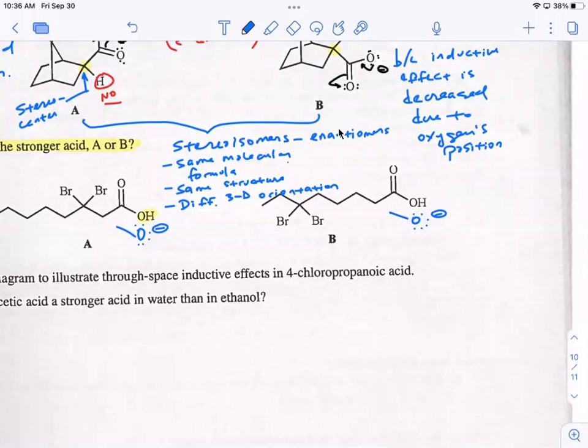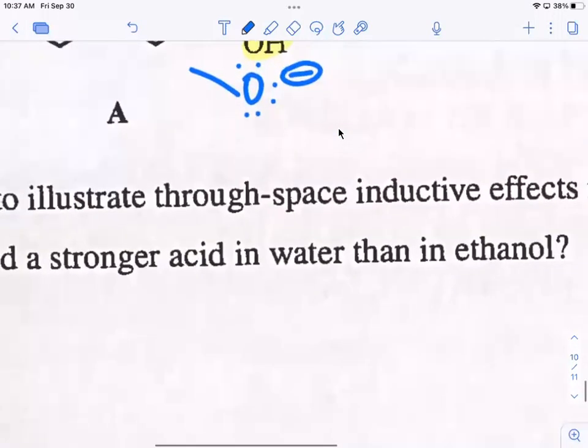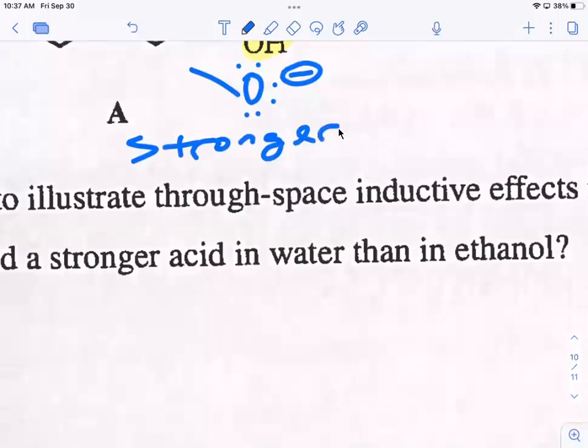The closer that group is, the same up top, the proximity changes because the orientation changed. The closer that negative charge is to those electronegative atoms, the more of an inductive effect you're going to see. So A is going to be stronger. And again, it's stabilized by induction.